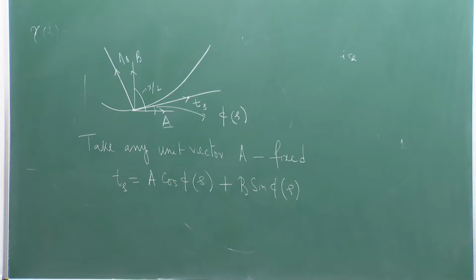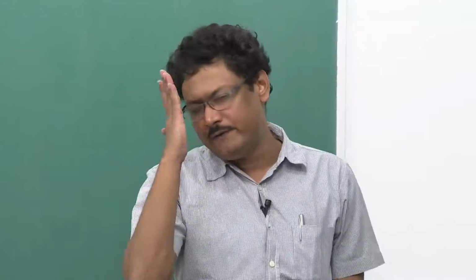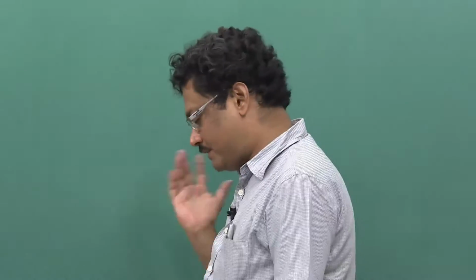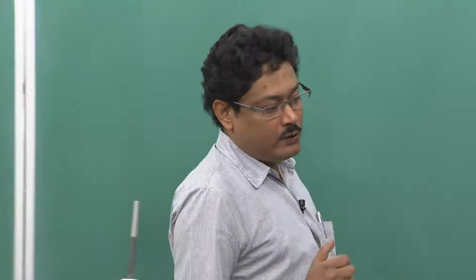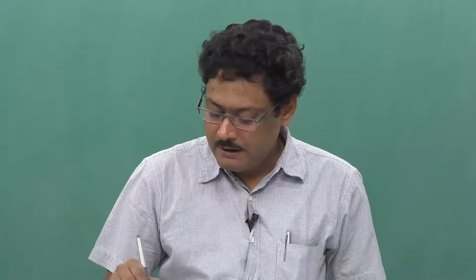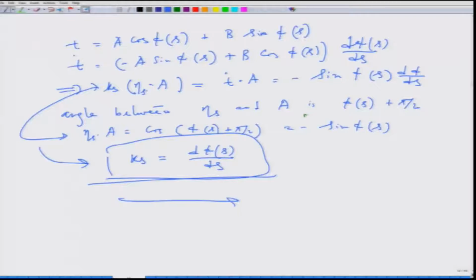Now, we will ask all of you to think of a physical interpretation of this mathematical explanation, that K s equals this quantity. So what should be a physical interpretation? I am not telling you, you ask yourself.